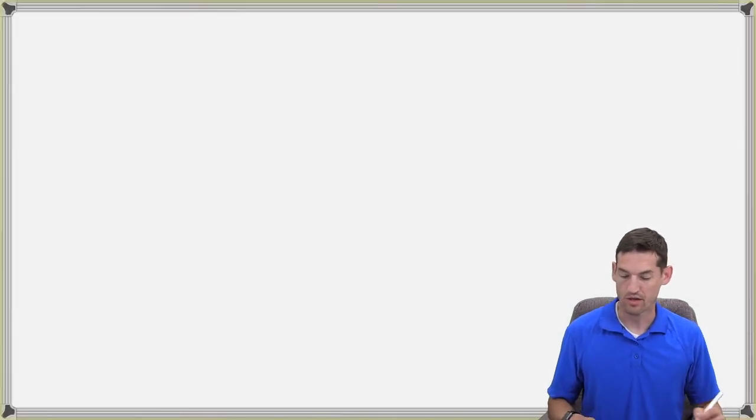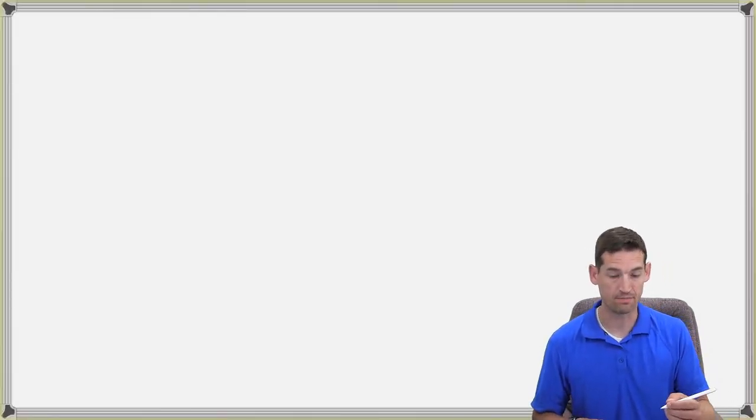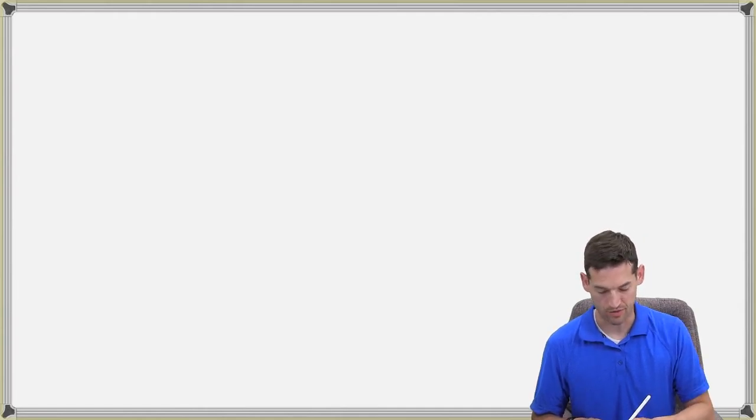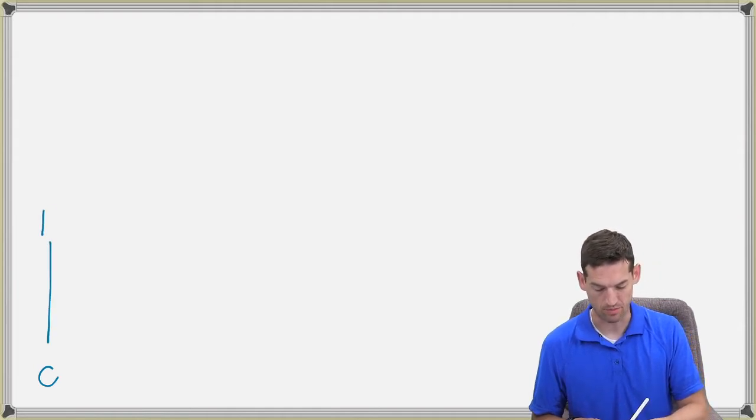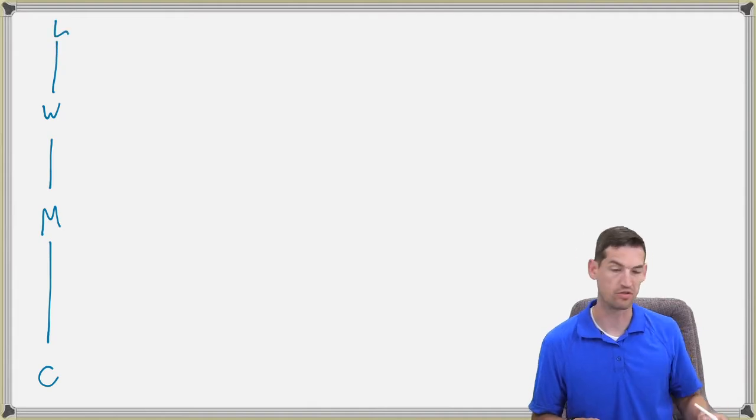This is a theoretical, mathematical calculation that you do rather than the actual experiment. And it's built on this idea right here. Let me use this example. Here's Cardston, here's McGrath, Welling, Lethbridge.